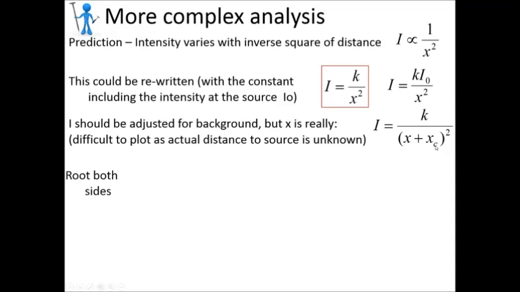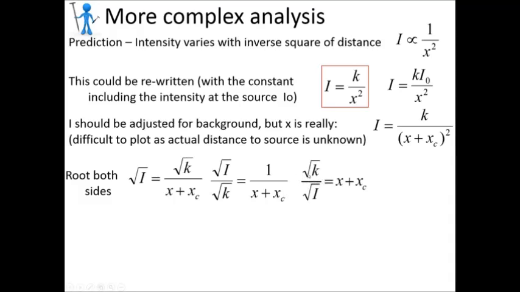If we square root both sides, let's see what we can do. Root I equals root K over X plus XC. I've just square rooted I, square rooted K, and square rooted X plus XC squared to give X plus XC. Now rearrange it. If we bring the root K down here, root I over root K is equal to 1 over X plus XC.